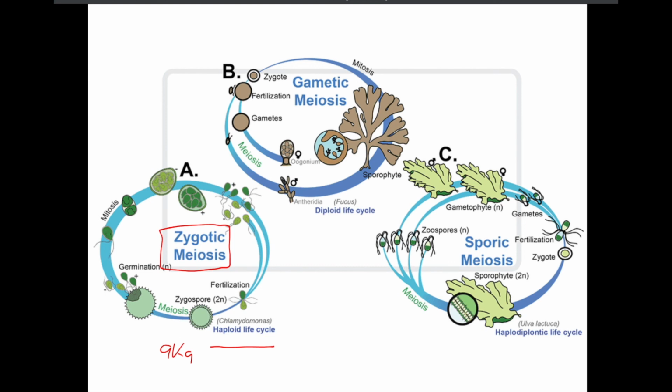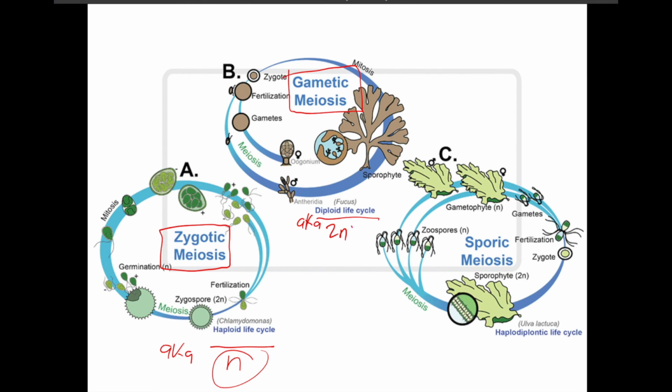Because the majority of its vegetative stage, most of their life, it is haploid N. Remember your Science 11, right? Now for your diploid organism, or your gametic meiosis, also known as your diplontic or diploid life cycle, the majority of its life, it is a 2N organism.